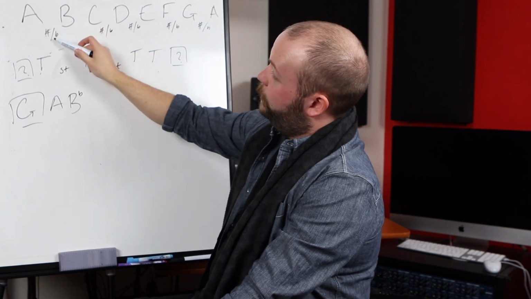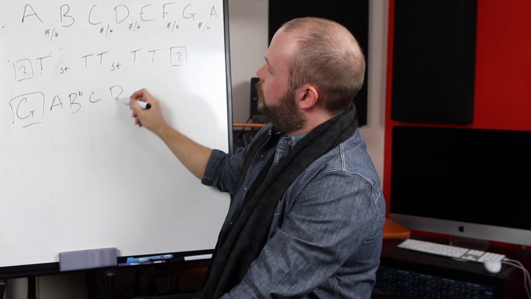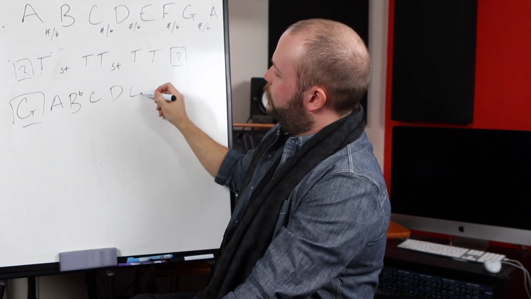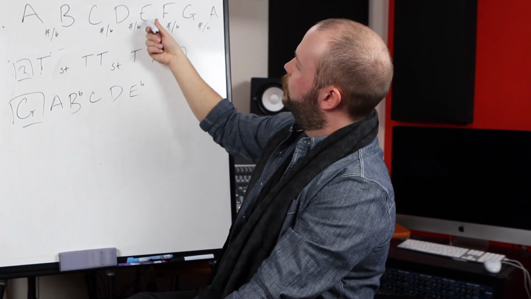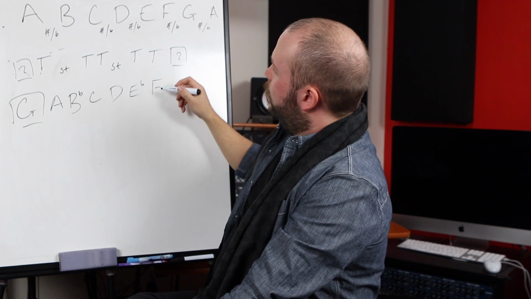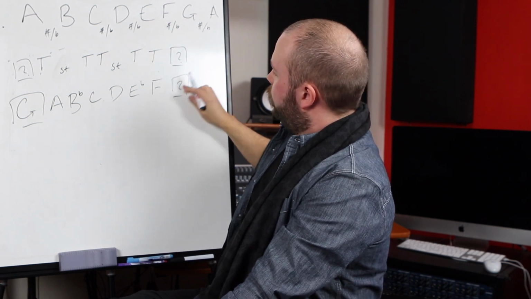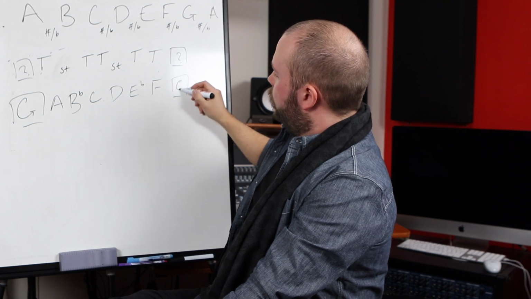Up a tone from B flat, 1, 2 to C. Up a tone, 1, 2 to D. Up a semitone would lead to E flat, as we can't repeat a note. E flat up a semitone would lead to F, then a tone will lead back to G.